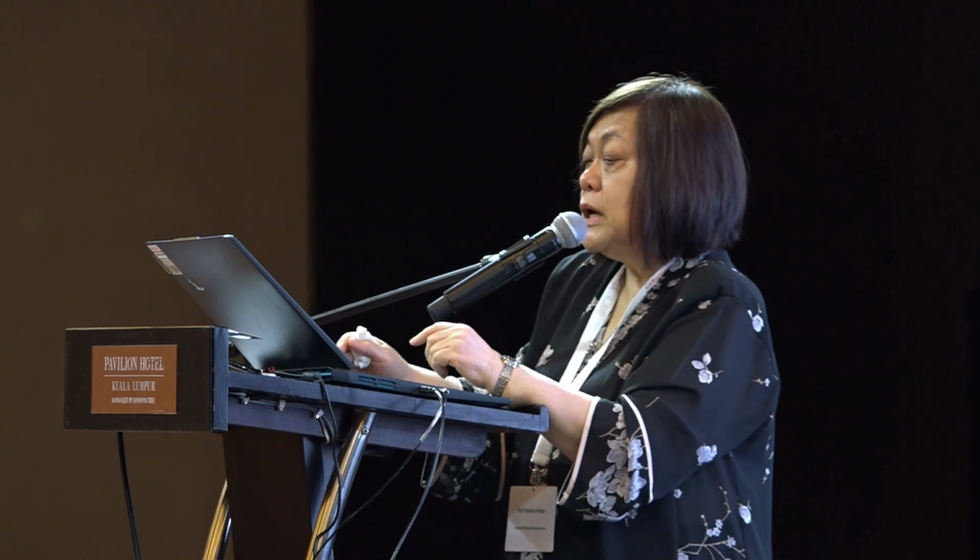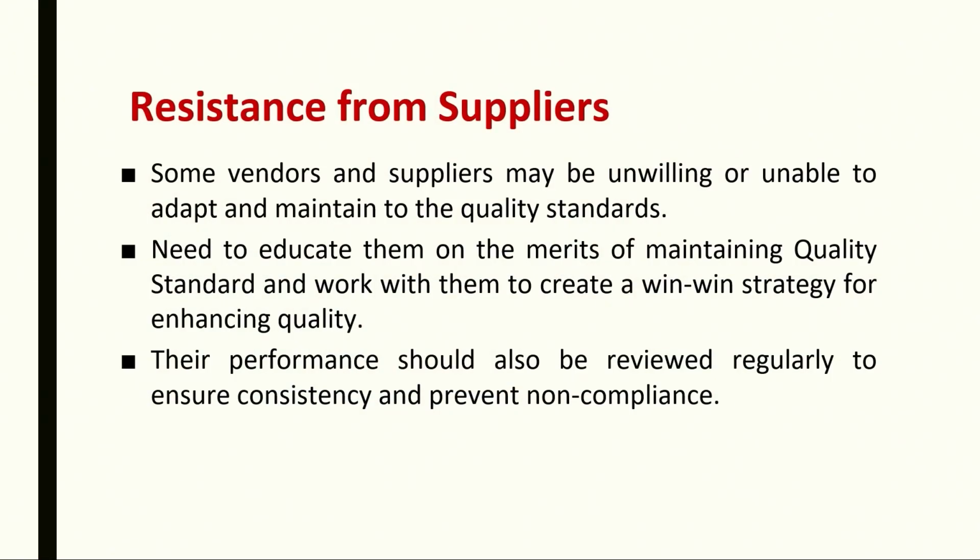Even if the vendors or the suppliers say, okay, we will do this, but still, all right, things can happen. In other words, and it's in our ISO as well, the need to review our suppliers and our vendors, all right, and do it regularly. Because the one thing we need to make sure of is that it is consistent, because the last thing we need is non-compliance. And have I raised that? Unfortunately, yes, all right.